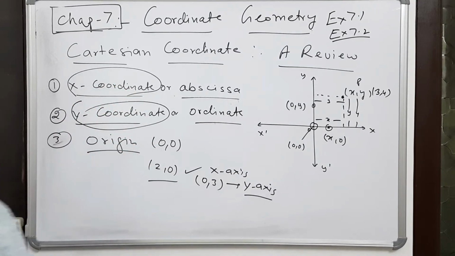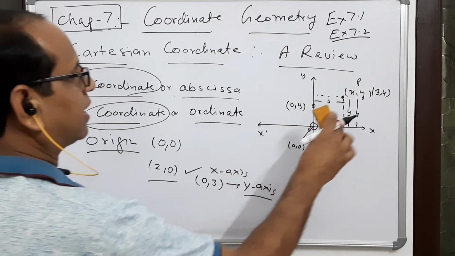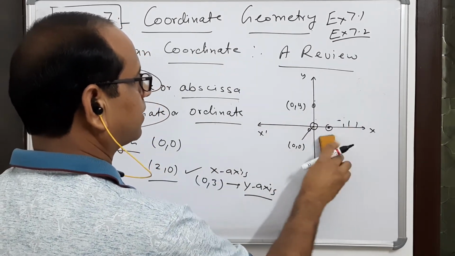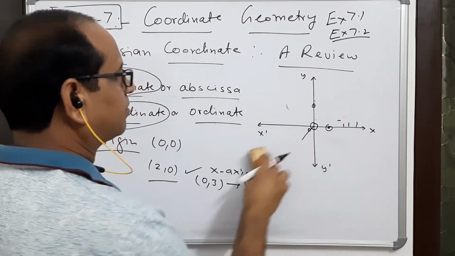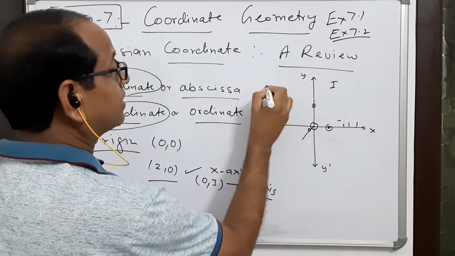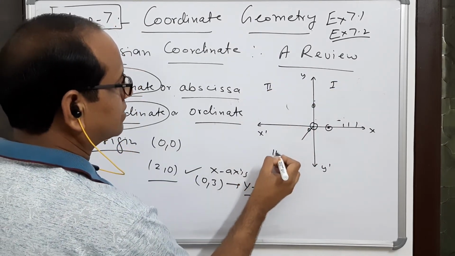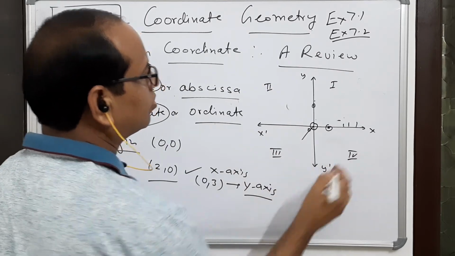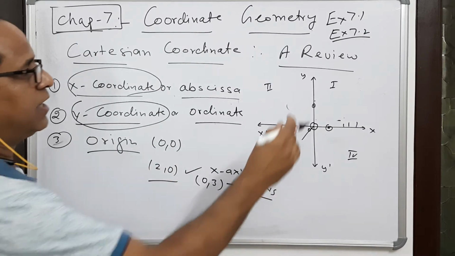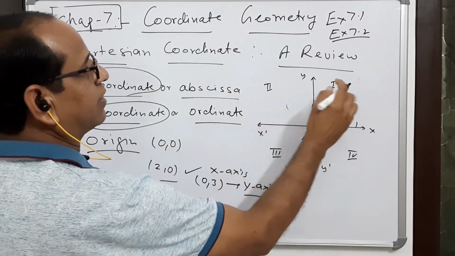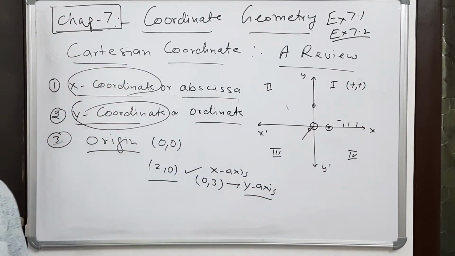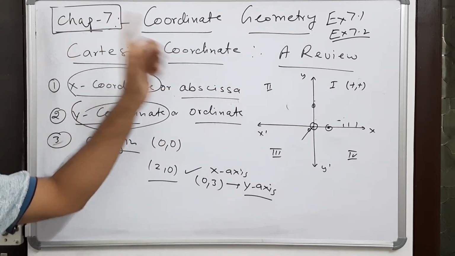There is one more part which you studied last year and I want to explain that part also, that is the quadrant system. In the quadrant system you all know that this is the first quadrant, this is the second quadrant, this is the third quadrant, and this is the fourth quadrant. If any point is present in the first quadrant, then its x coordinate as well as y coordinate will be positive.